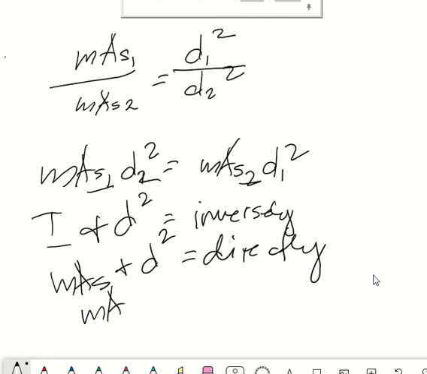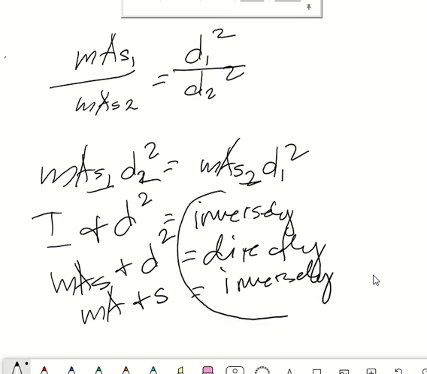Ang MA and time, they are inversely related. Okay? So, ito yung tatandaan natin, yung kanilang relationship. So, sa MAS, they are directly related.